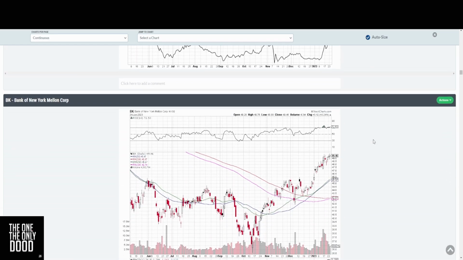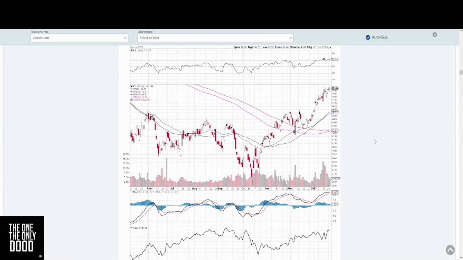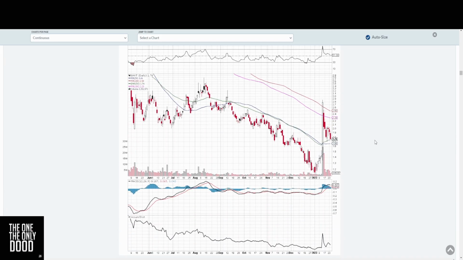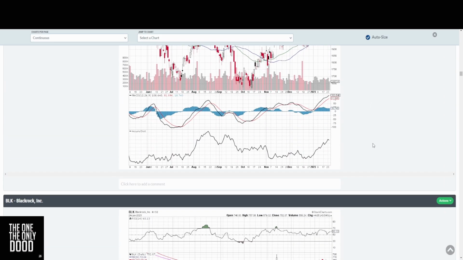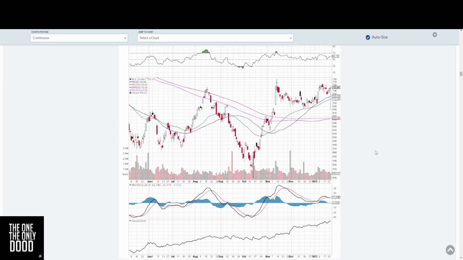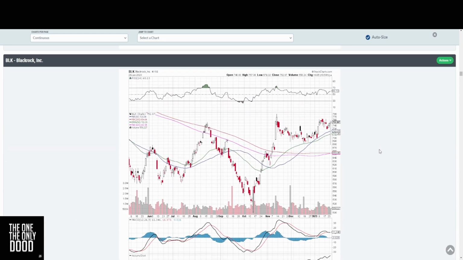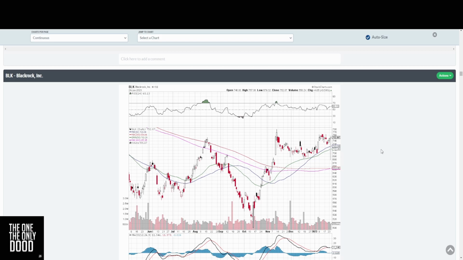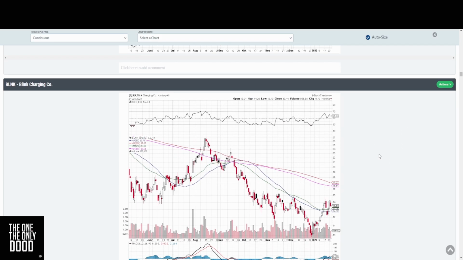I think, guys, we looked at maybe 100 or 120 charts. For some reason, BLK looks very similar to BBY. Do you guys see the similarity?